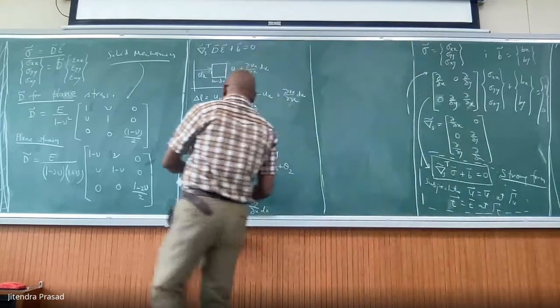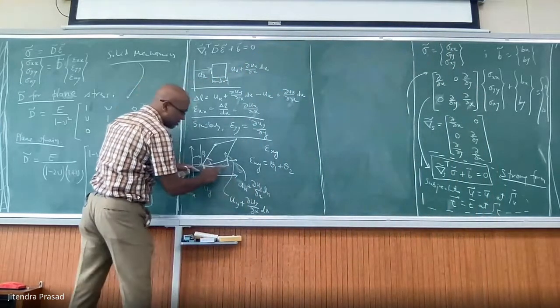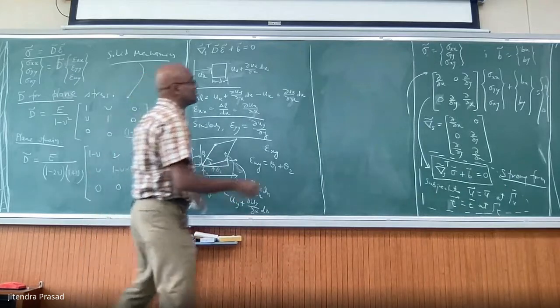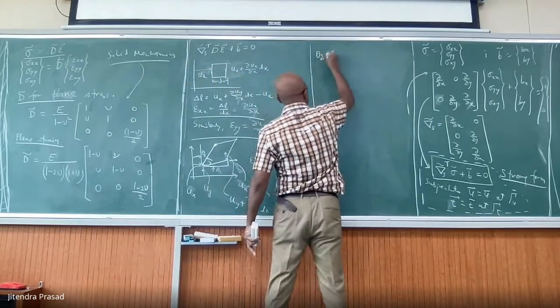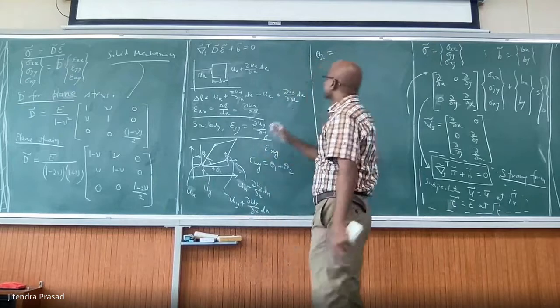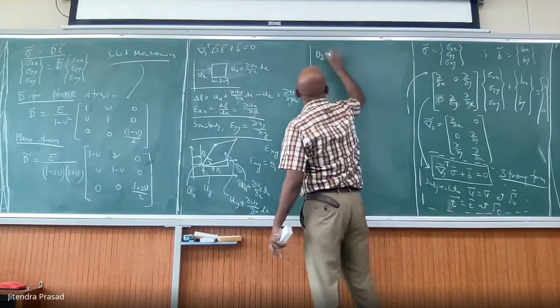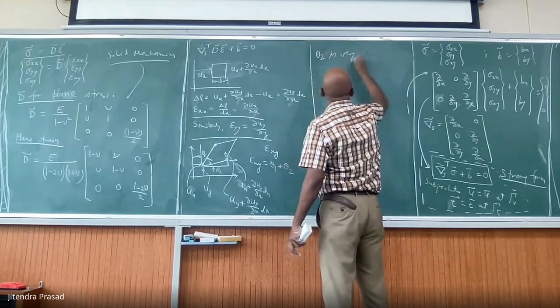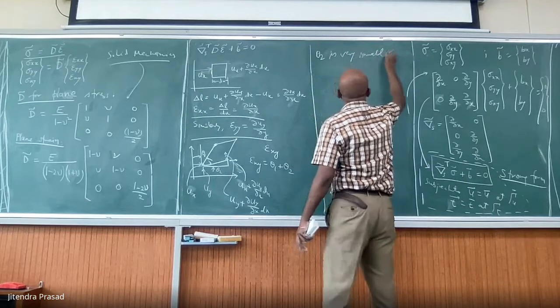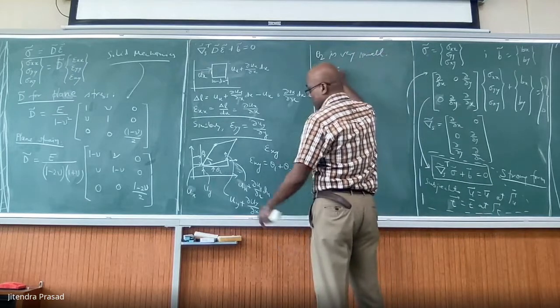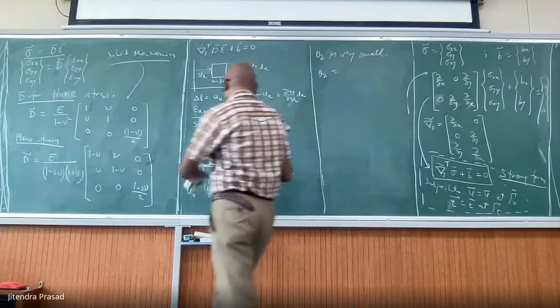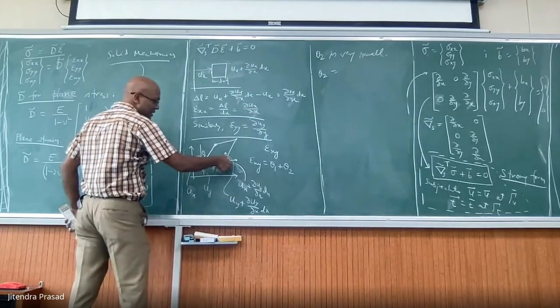Okay, so what we want to find out is this angle. Theta 2, assuming theta 2 is very small. So theta 2 is equal to whatever this height is.